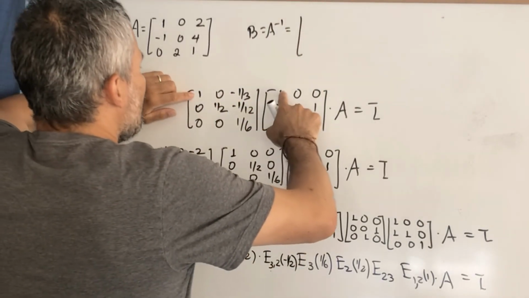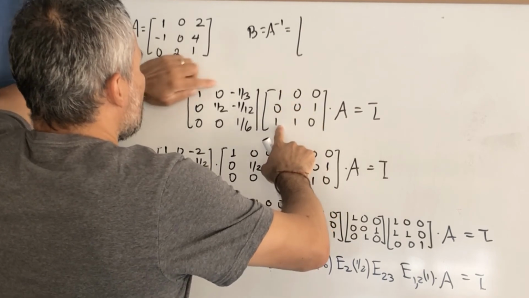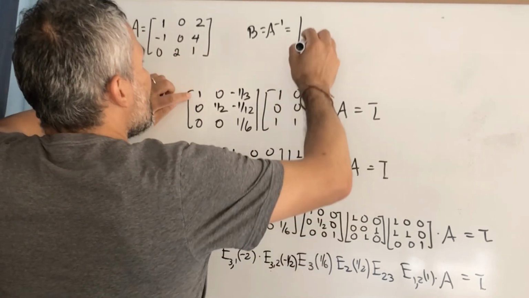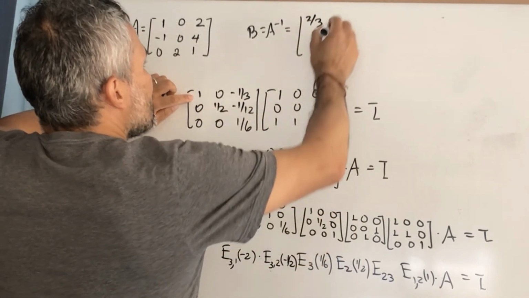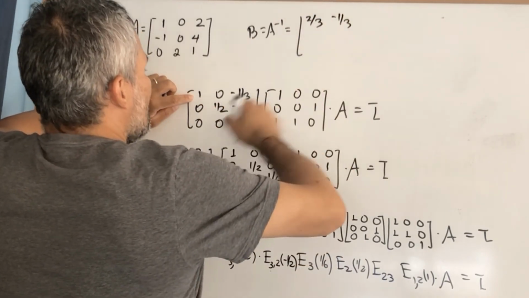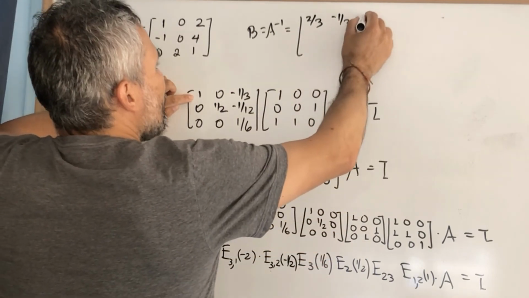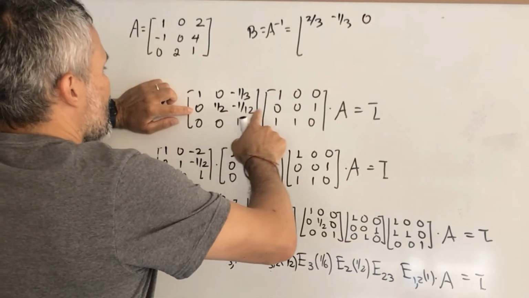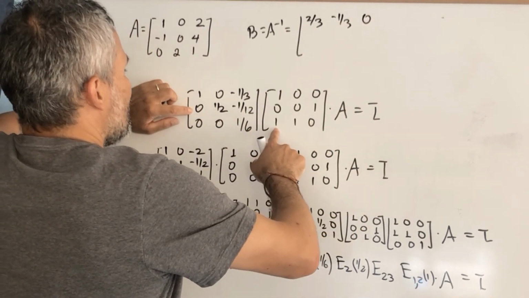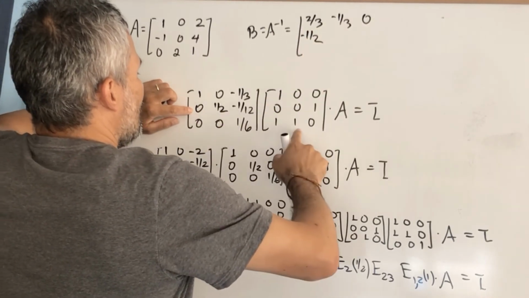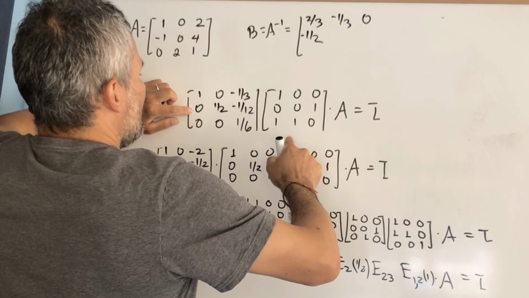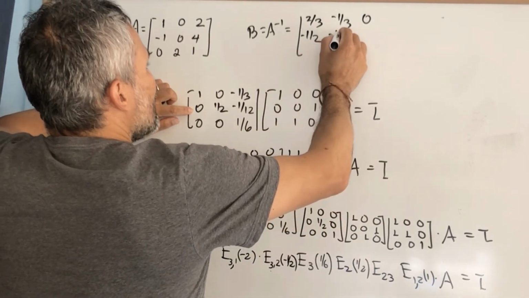Let's see, we have 1 minus 1/3 is 2/3. Here we have just negative 1/3. And here we have 0. Here we have negative 1/12, negative 1/12.